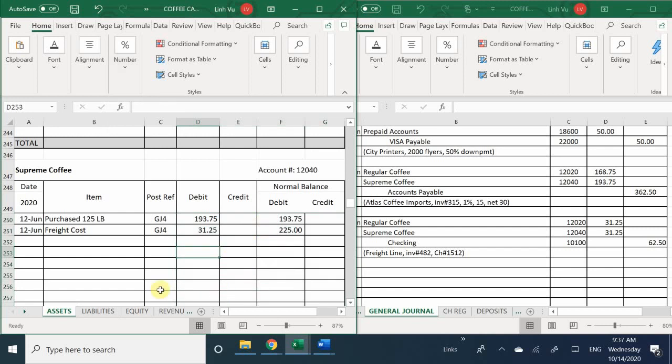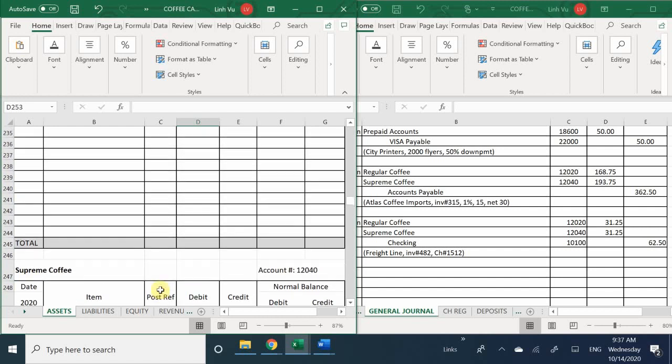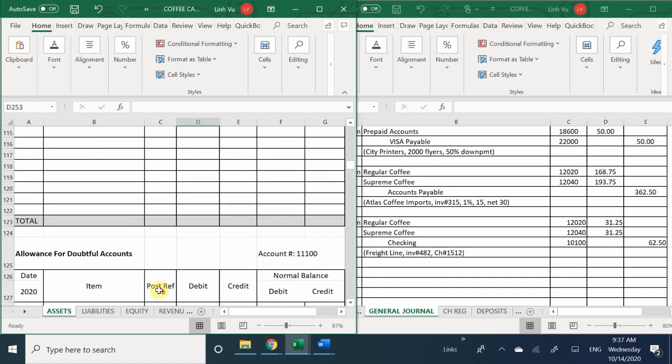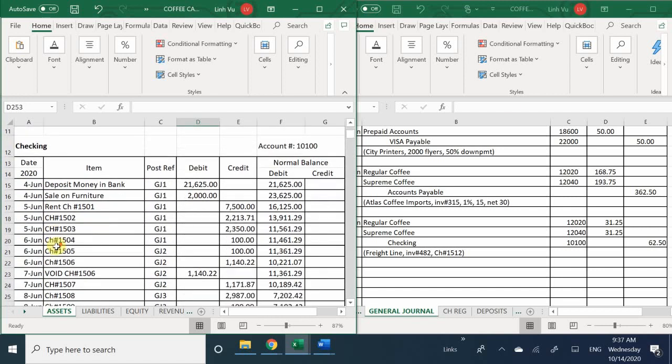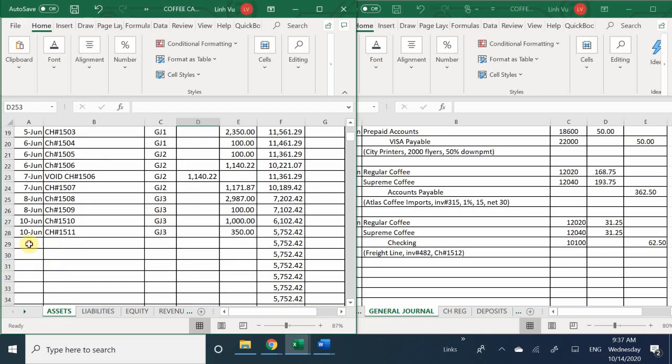And then the last thing that we need to do is go all the way back up to our checking account, which is on page 1.